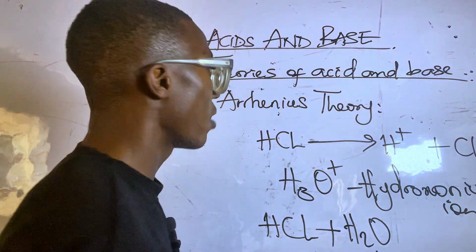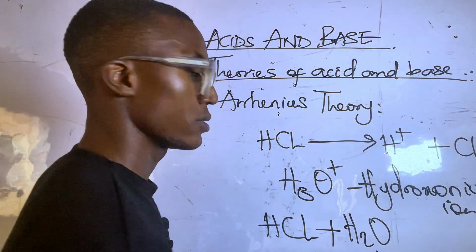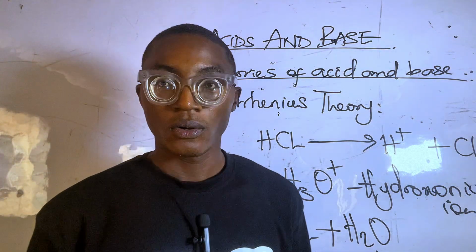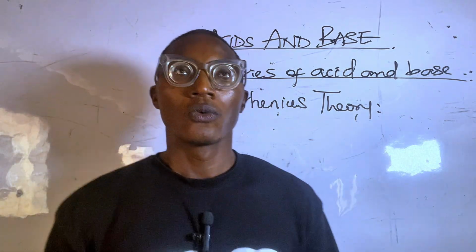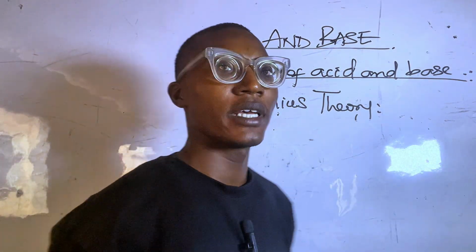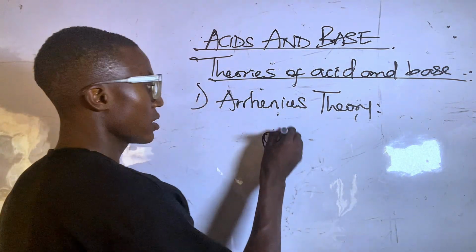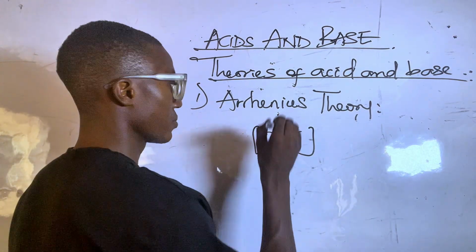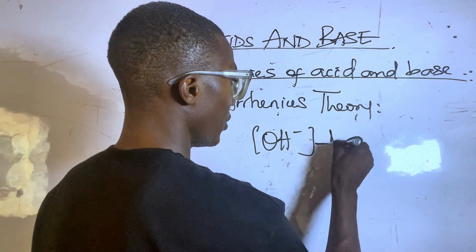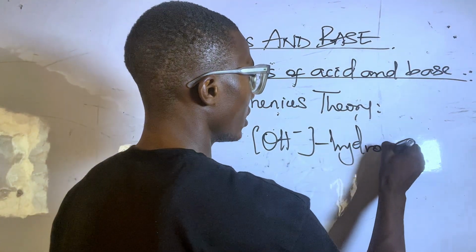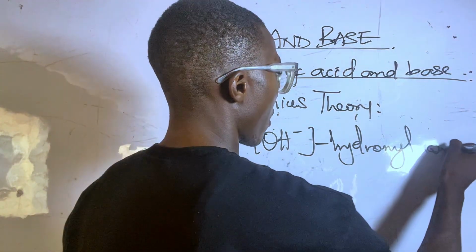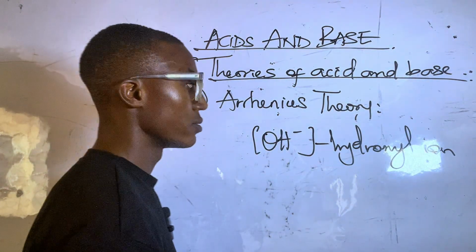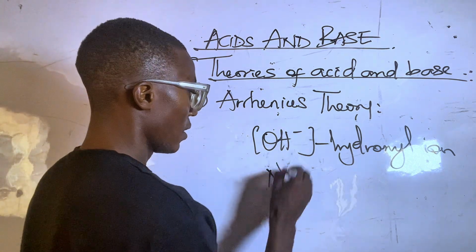Good. Now, how did Arrhenius define a base? Quick one. Arrhenius defined a base as a substance which produces hydroxyl ion, OH minus, as the only negative ion. Are you with me? I'll give you an example.